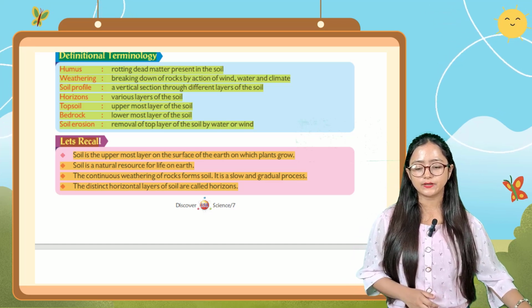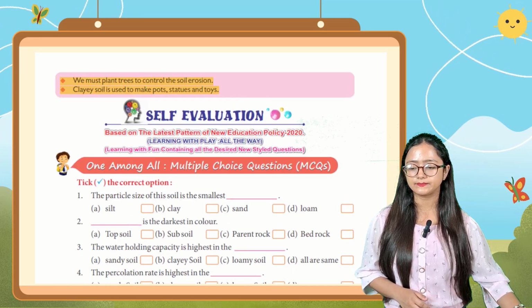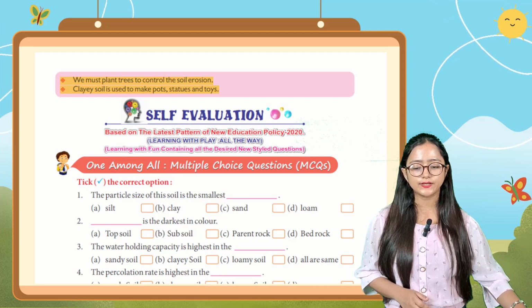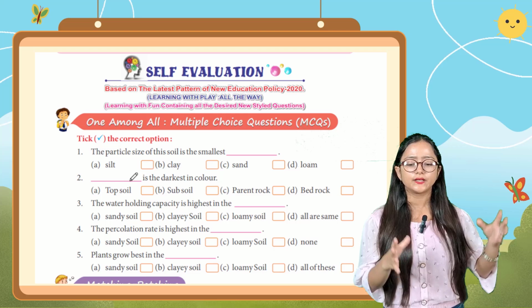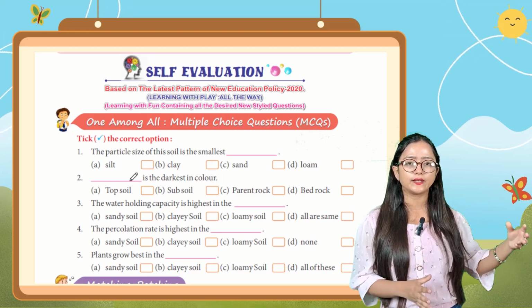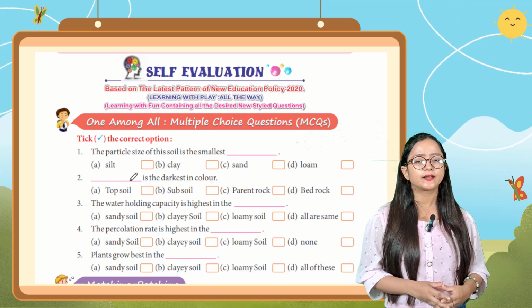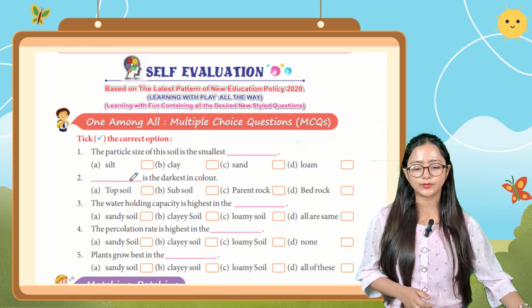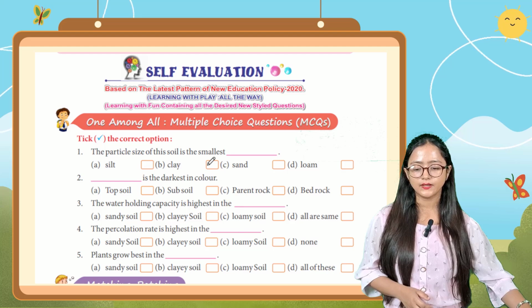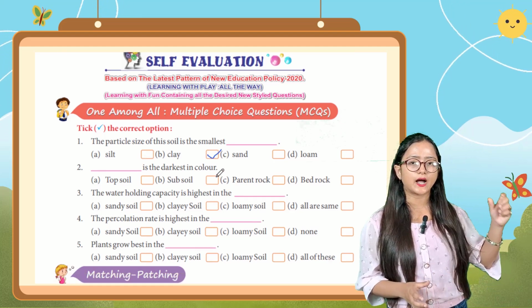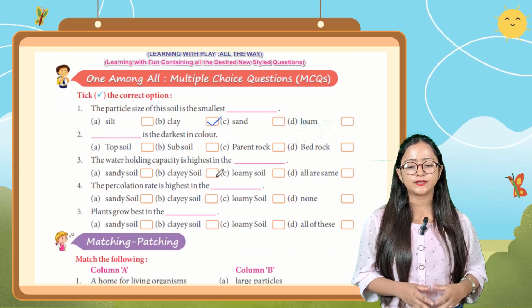As we have studied the chapter, now let's do some exercises. So the first one is MCQ. Tick the correct option. So the first question is, the particle size of this soil is the smallest. It is clay. So tick that one. Next, dash is the darkest in color. Is it topsoil?